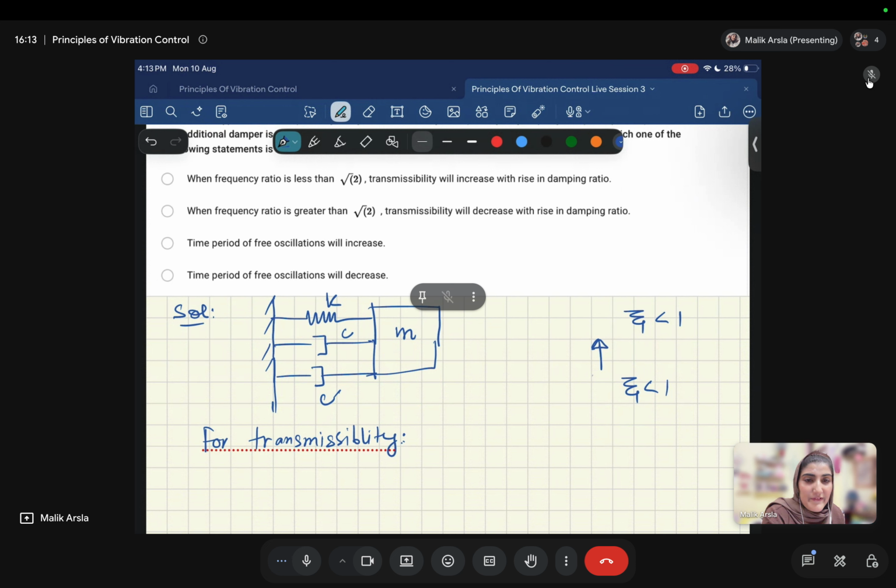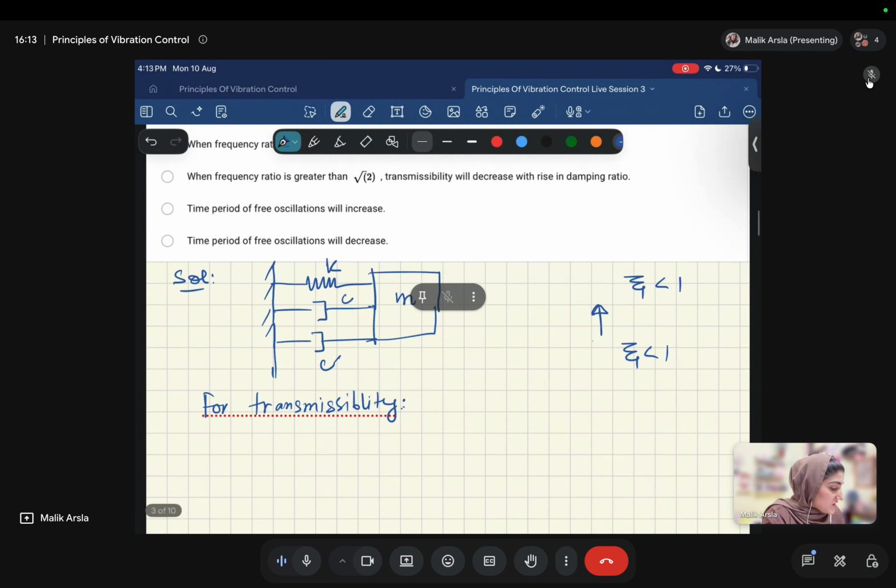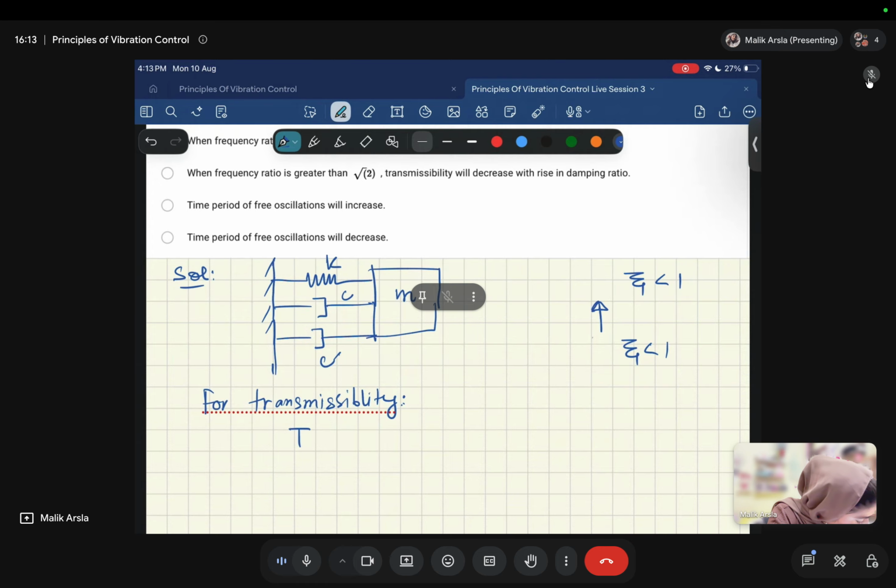Then you write the governing equation of the system and simplify it, and ultimately you express the amplitude in terms of f naught upon k and upon the denominator, which includes the terms of stiffness, mass and damping of the system, which you simplify further in terms of frequency ratio, etc. So the whole derivation I am not doing, I'll just write the final formula which we get out of that.